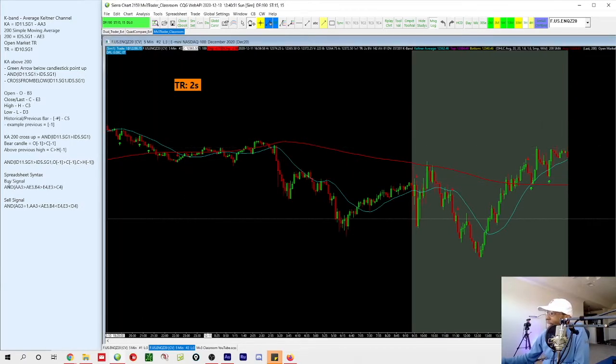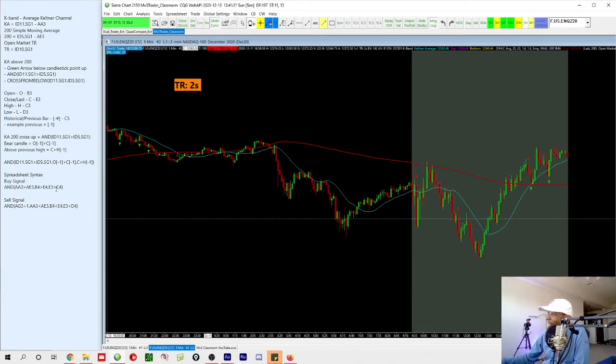So what this is saying for this buy signal is if AA3, which is the KA, is above AE3, which is the 200, right? Also, B4, which is the open or the previous open, is greater than E4, which, for us, B4 being greater than E4, that's the previous candle, means that previous candle is a bearish candle.